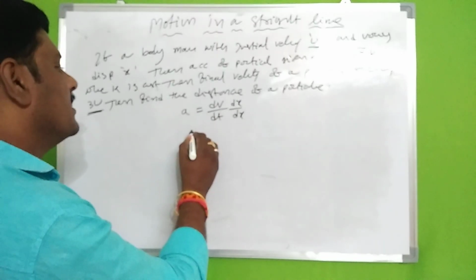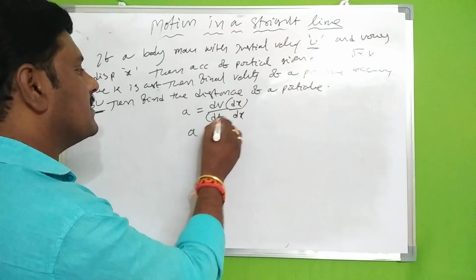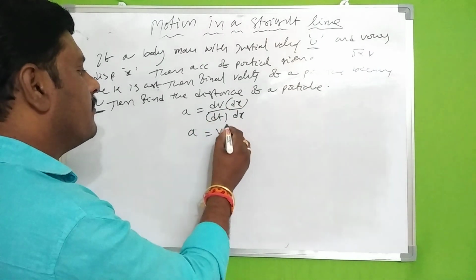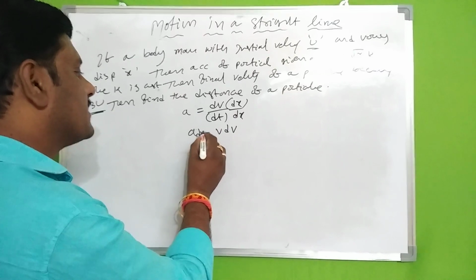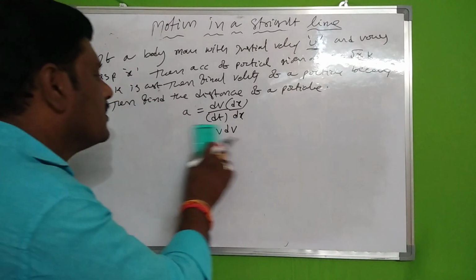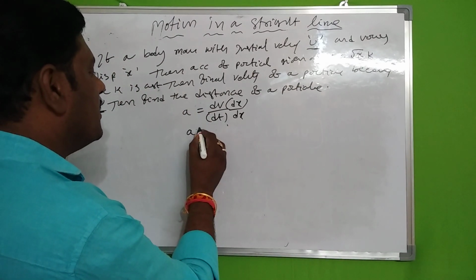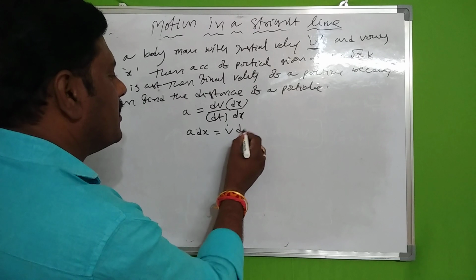Already we proved that a equals v into dv by dx, since dx by dt is nothing but v. So the required formula is a into dx equals v into dv.